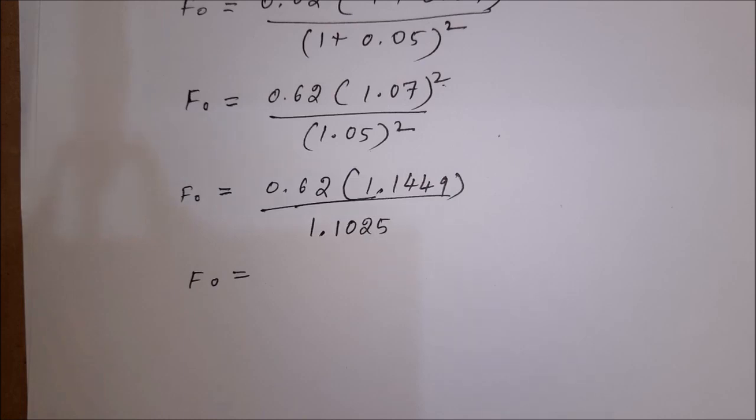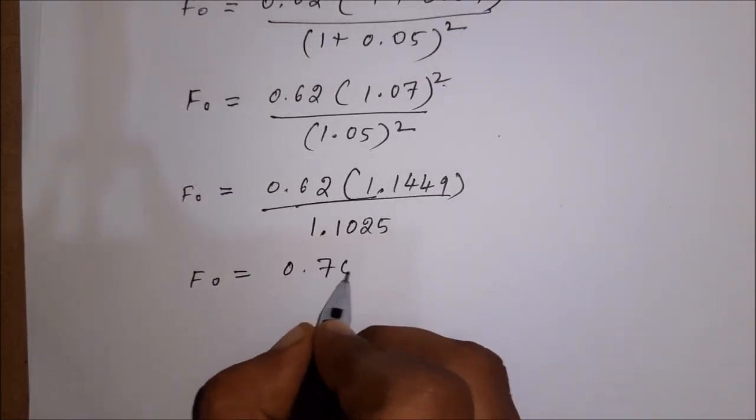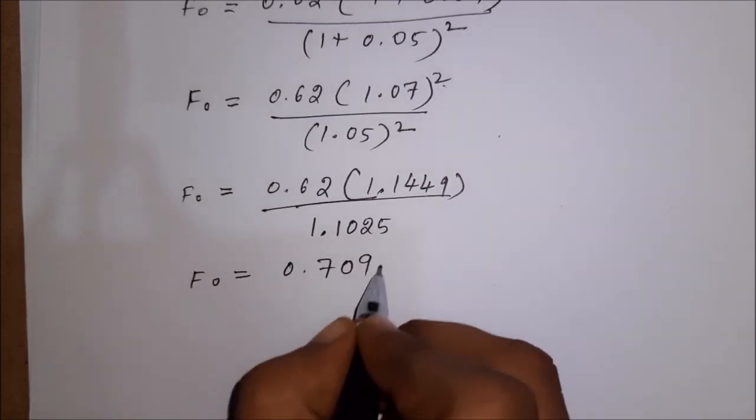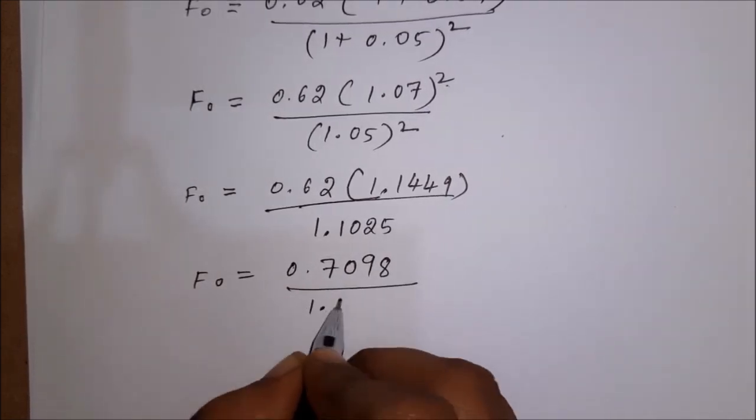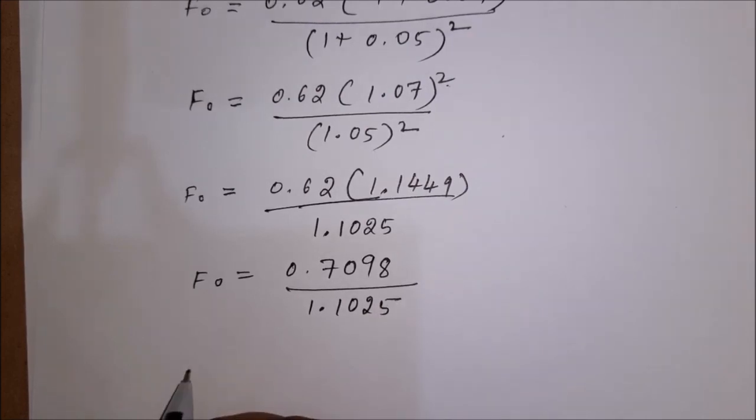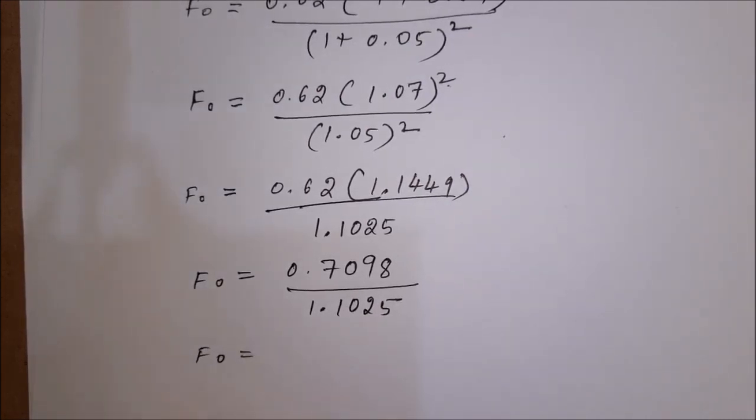F naught is equal to, multiply 0.62 into 1.1449. After multiplying we will get 0.7098 divided by 1.1025. F naught is equal to 0.7098 divided by 1.1025.